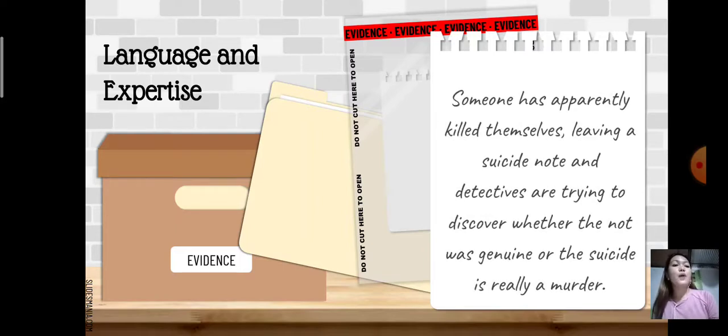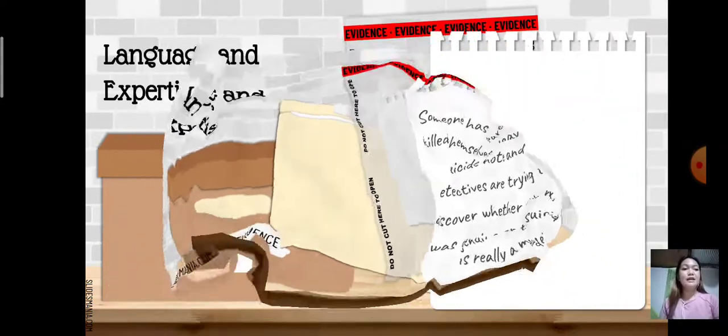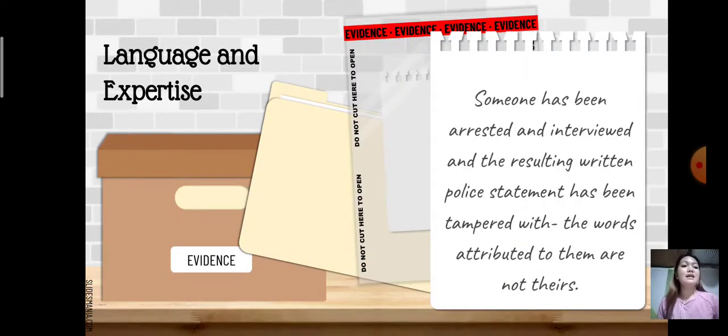When someone has apparently killed themselves, as in suicide, forensic linguistics can also be used, especially in examining the suicide notes to know whether that person really committed suicide or was murdered. And also when someone has been arrested and interviewed and the resulting written police statement has been tampered with, so there are certain changes in statement taking.